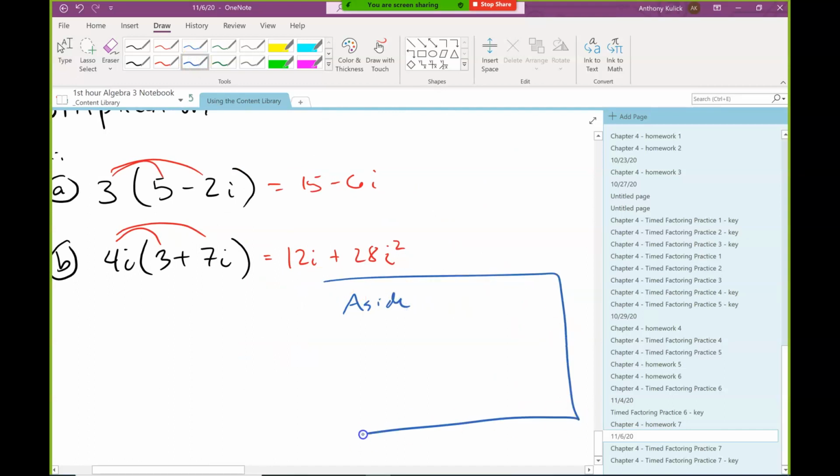Just as a little aside, because i is the square root of negative 1, i squared would be the square root of negative 1 squared, right? Everybody's okay with that? Which the squared and square root cancel, so we get that i squared is negative 1.